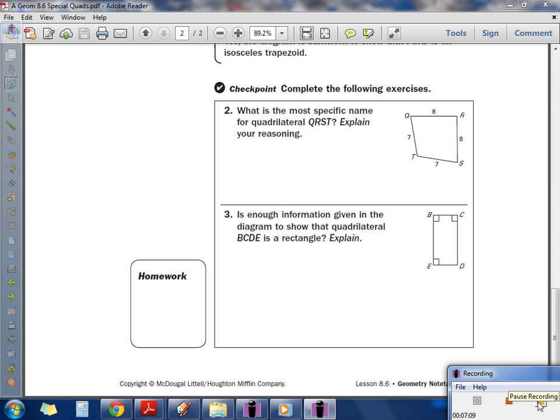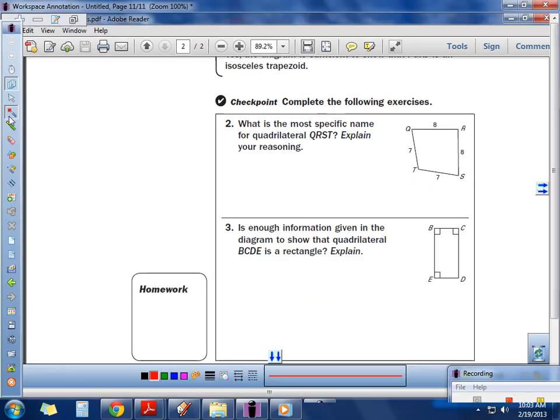In checkpoint number 2, it says, what's the most specific name for that shape, and explain. I saw a lot of you put kite, and you were correct. But the reason why is what I'm really looking for. What was the reason why that's a kite?